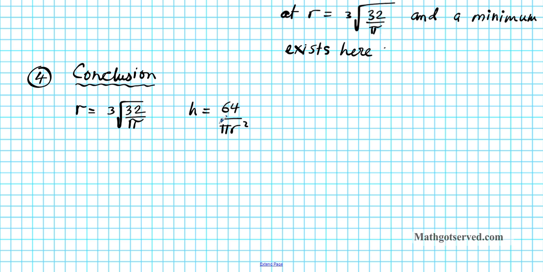So now let's plug the value of r into this function to get what h is. So h is equal to 64 divided by pi times the cube root of 32 over pi, squared.